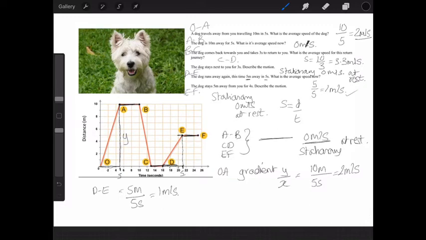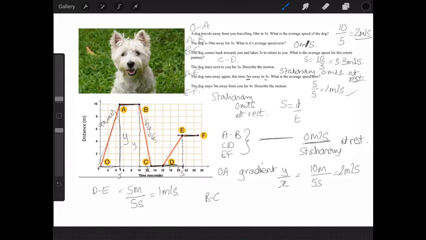So B to C, now we can still use the gradient here. We can still do our y value divided by our x value to work out the speed. The difference is the angle of the slope, because the dog was moving away from us here and then he's coming back to us here.